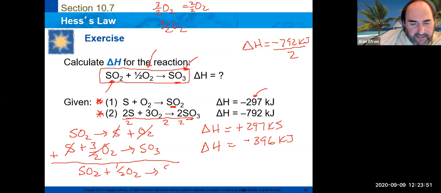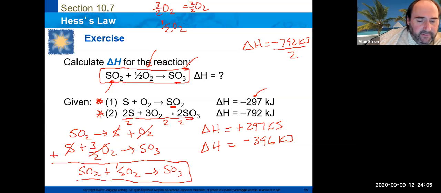And on the right-hand side, all I have there is SO3. So by reversing the first equation, dividing the second equation by 2, and then adding together, we have now successfully built the equation that we were looking for. Any questions on that there?